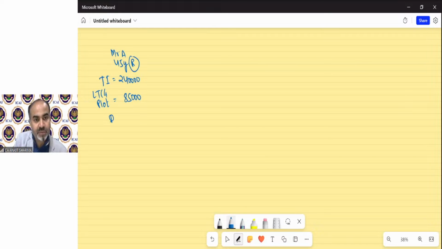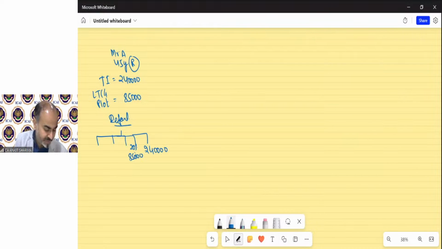Default tax regime. First of all, we are going to solve it as per the default tax regime. I told you always make 5 parts. You can see this 2,40,000 falls over here, and this long term is the 20% part, which will fall over here, 85,000. Now we have the exemption of 3 lakh rupees under the default tax regime.